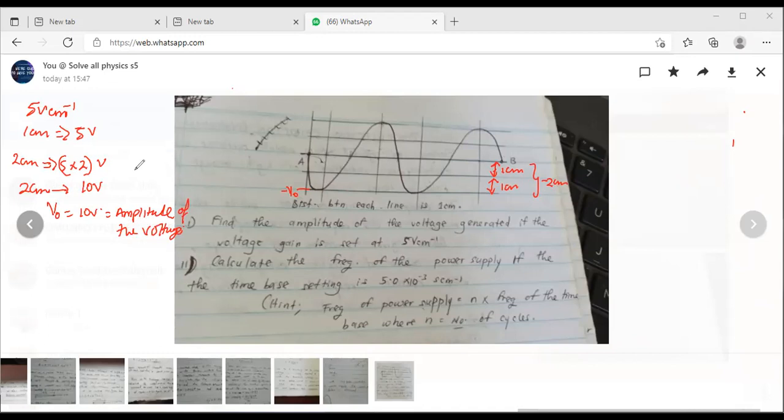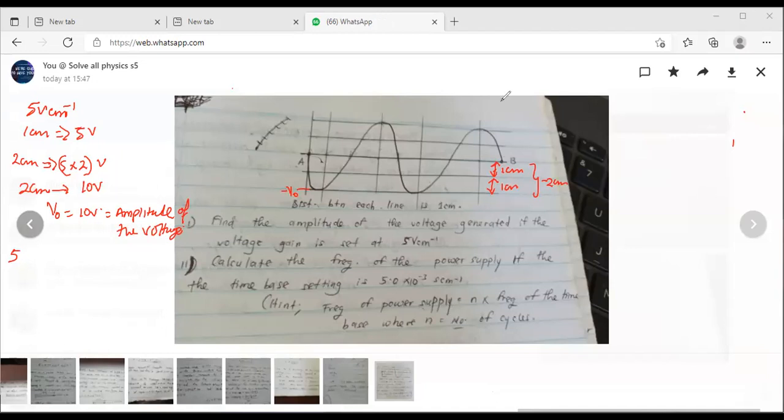Calculate the frequency of the power supply if the time base setting is 5 milliseconds per centimeter. Teacher, are the lines we are to count vertical?